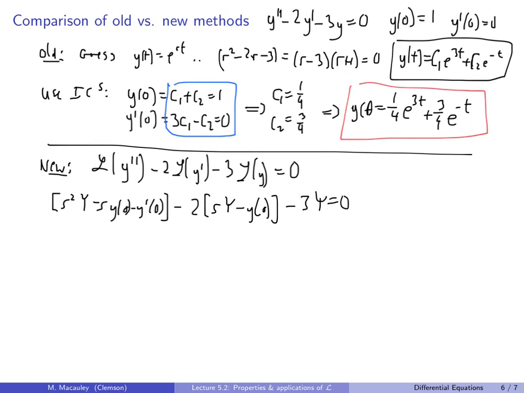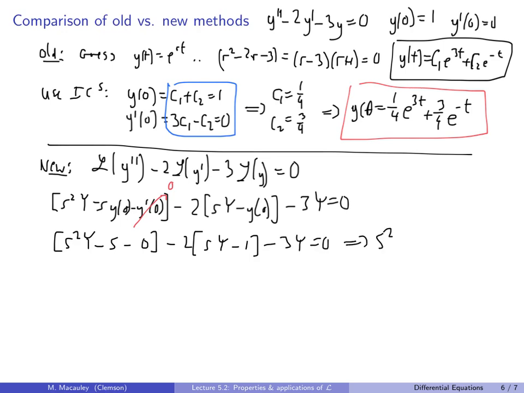And so based on our initial conditions up here, we can simplify this as s squared Y minus s minus 0 minus 2 times sY minus 1 minus 3Y equals 0. And then we simplify this and we get s squared minus 2s minus 3.